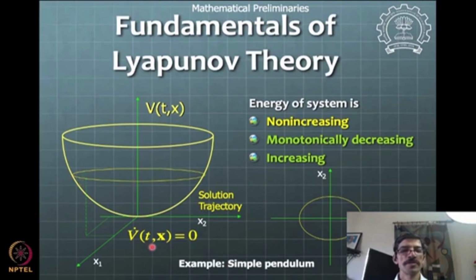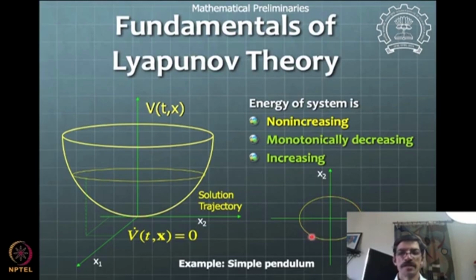So V dot is equal to 0. What it means is that the system trajectories will not leave this V level, and the system will keep on oscillating, as projected on this phase plane. You see that the trajectories are going in circles.